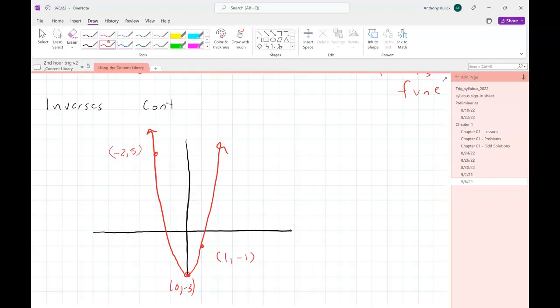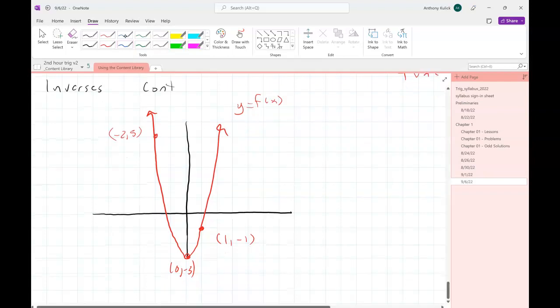Okay. So let's say that this is our function, f of x, and we want to draw the function for f inverse. How am I going to go about doing that? What do we know about the x's and y's for the inverse? They switch.